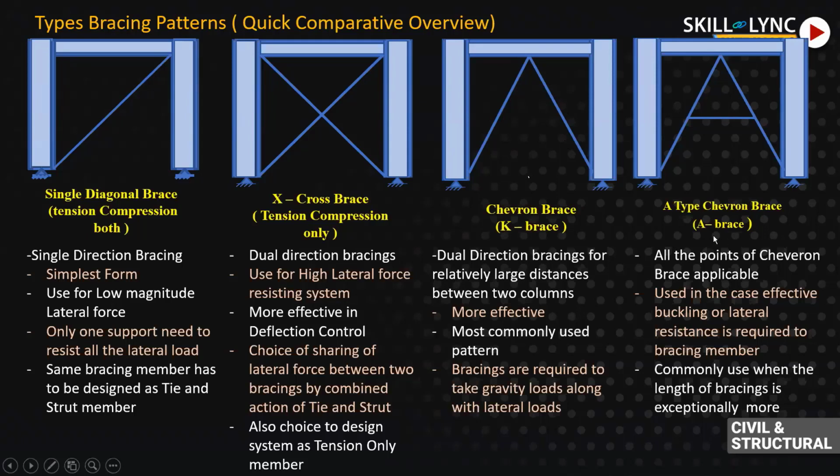The E-type chevron brace is a modified version of the chevron brace. All the points of the chevron brace are applicable. Use it in the case where effective buckling or lateral resistance is required for bracing members. If the vertical column height is large, say 10, 15 meters, and you require only one this kind of bracing, then the length will be much larger and susceptible to buckling.